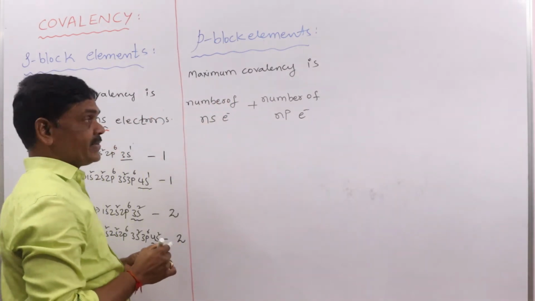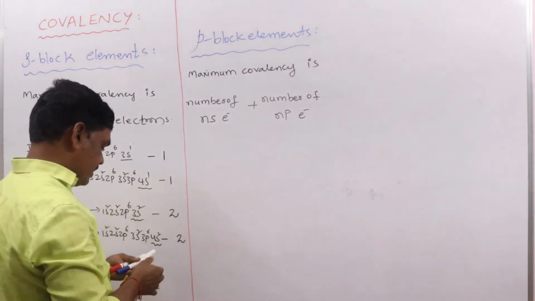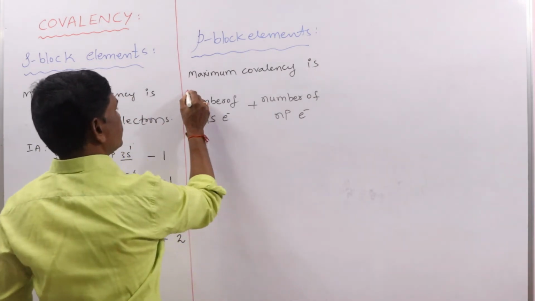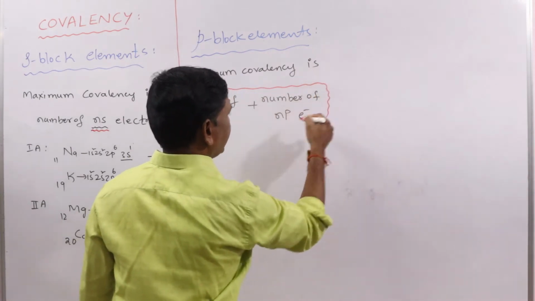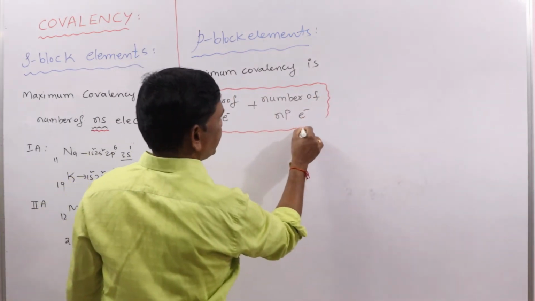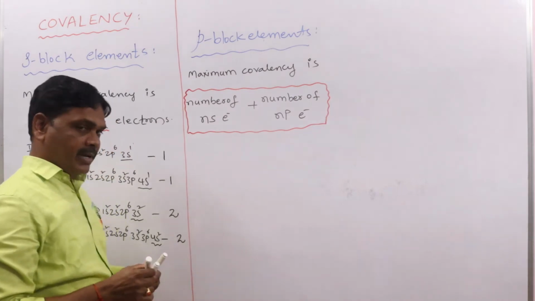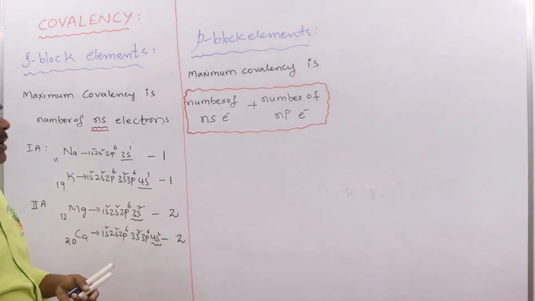So now this is the formula. By using this we are calculating the maximum covalency of p block elements.